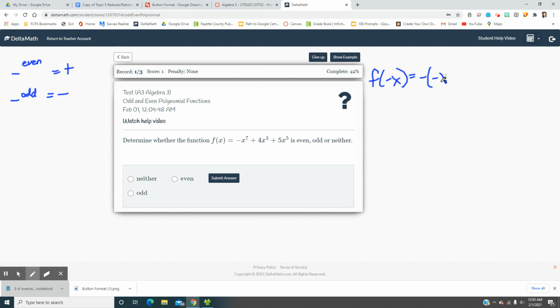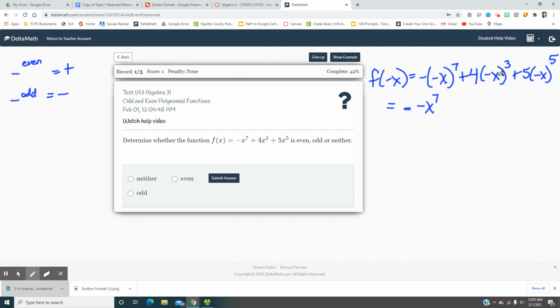Negative x to the 7th power plus 4 times negative x to the 3rd power plus 5 times negative x to the 5th power. All right, so this equals negative x to the 7th, but then there's a negative out front.